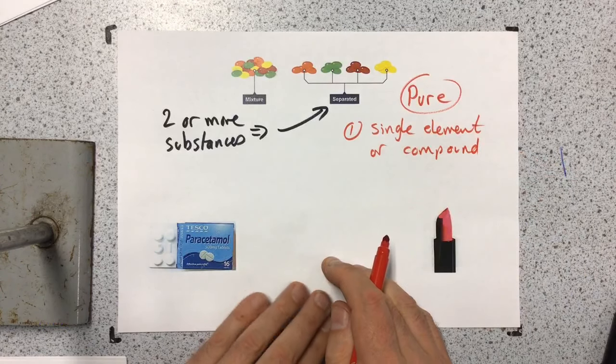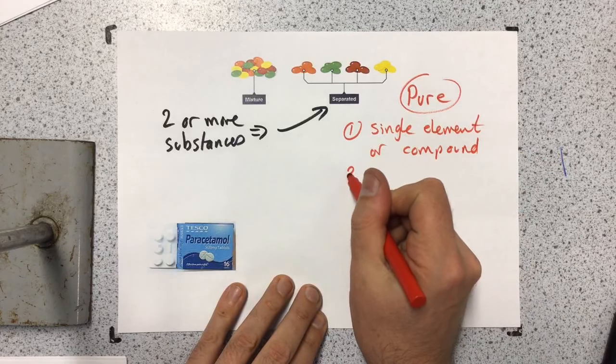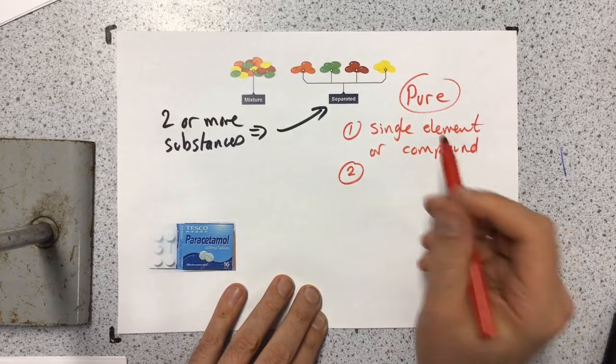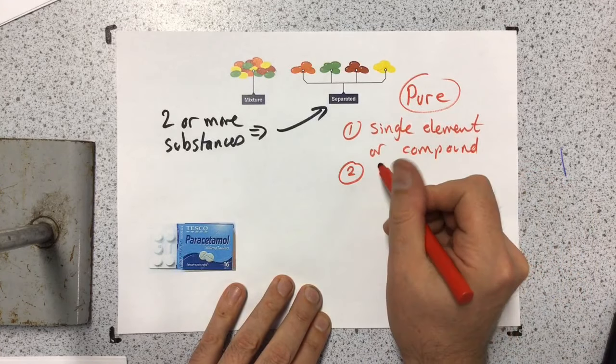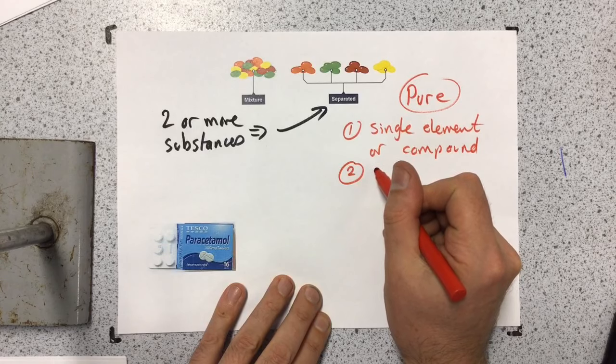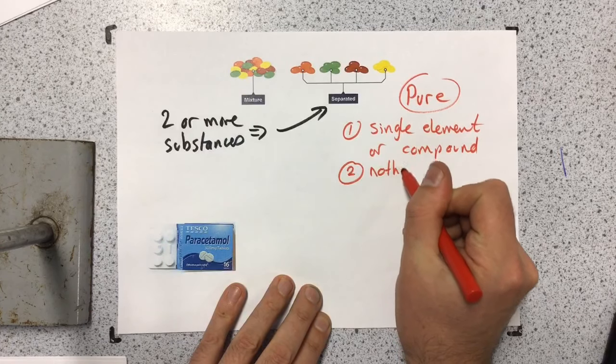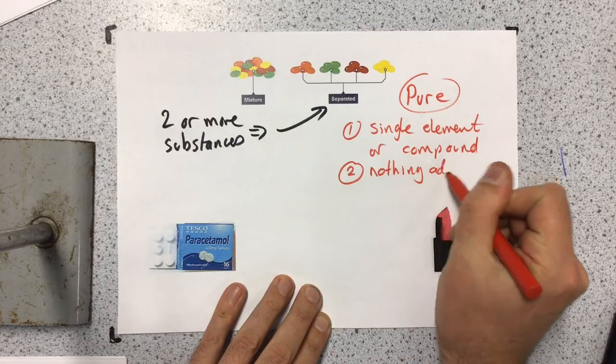And then we have the everyday definition of the word pure. You're expected to know both of these definitions, and the everyday definition is a substance that has nothing added to it.